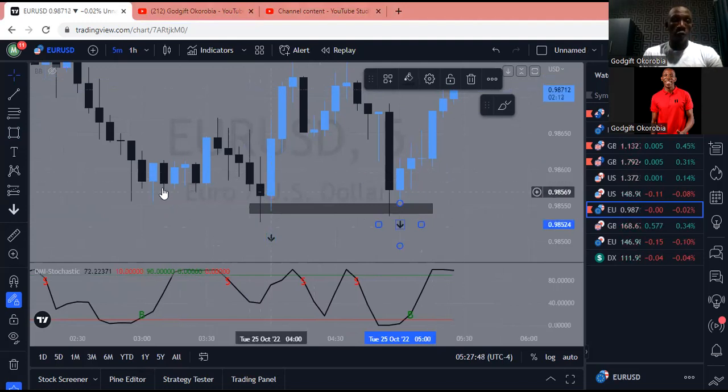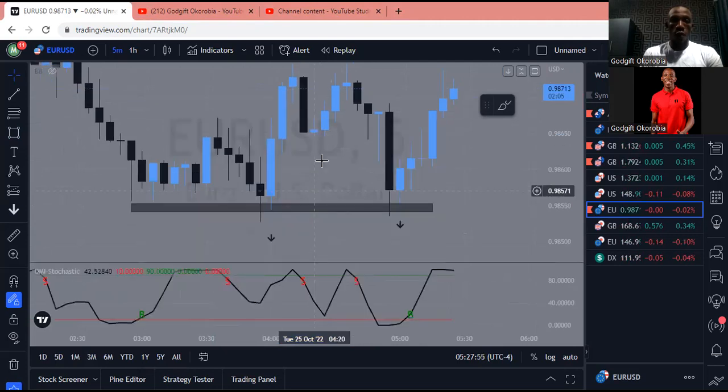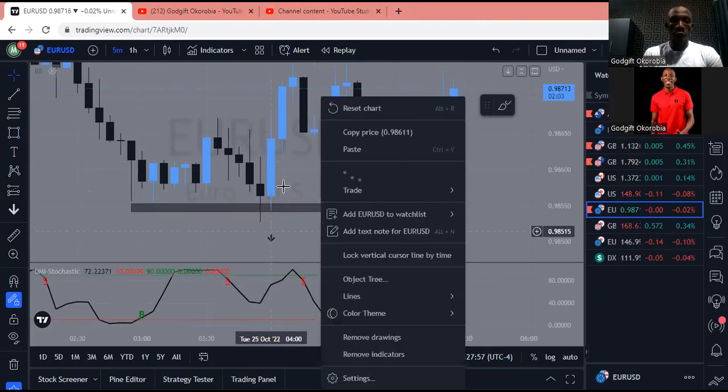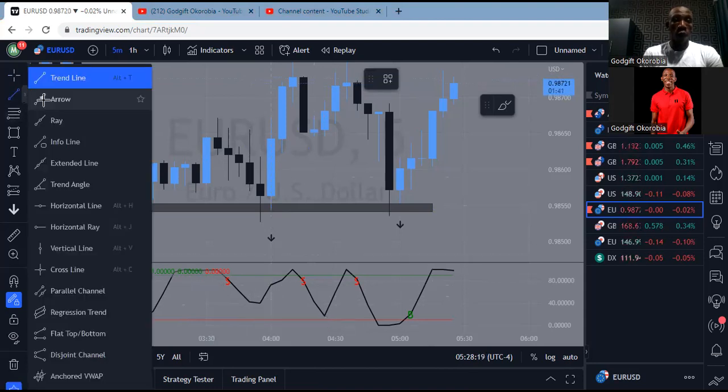If you've been following the sessions, we have been talking about catching price from key levels. If you watch right there, there was a rejection right before the hour, and then they stepped into that zone. We would have taken that trade. But if you're using the DMI as entry, we see that right here it is still pushing up, and there is no indication that it is going down at all.